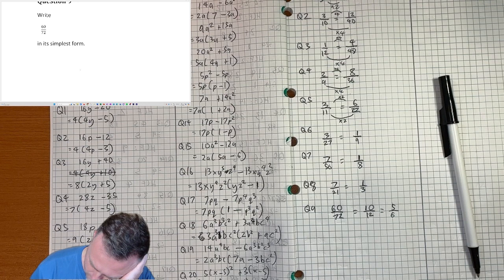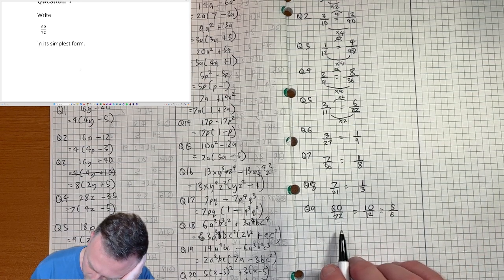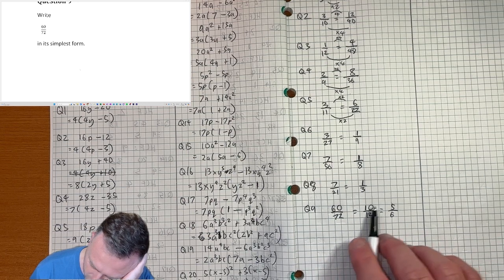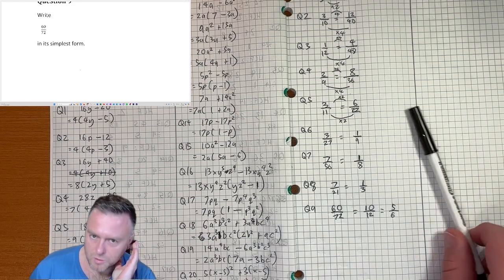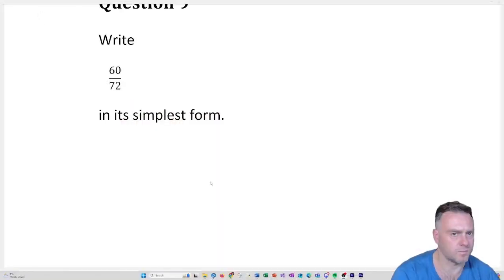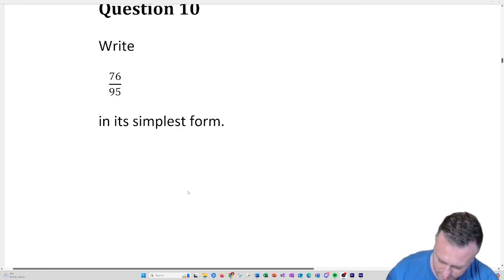So we could have just divided both of them by 12. Yep, that's right. But you see, it doesn't really matter, as long as you keep simplifying it down, it's all good.